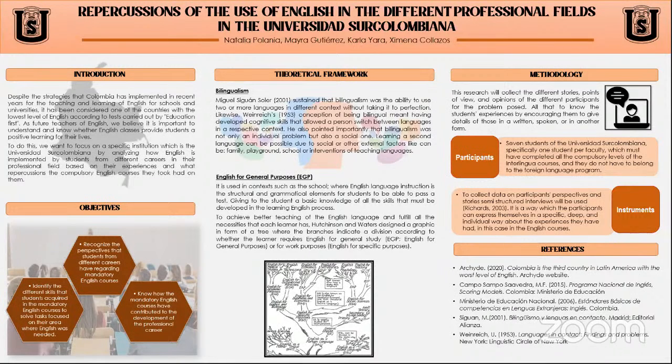We put English for general purposes because the Universidad Surcolombiana is focused on this, as the teaching of this language is focused only on general aspects like structural and grammatical elements, usually dedicated to making students pass an exam.